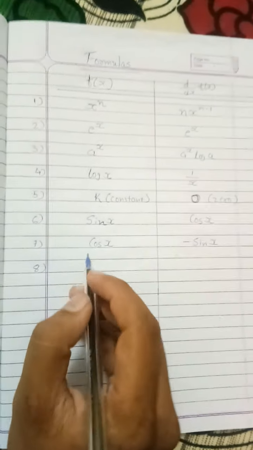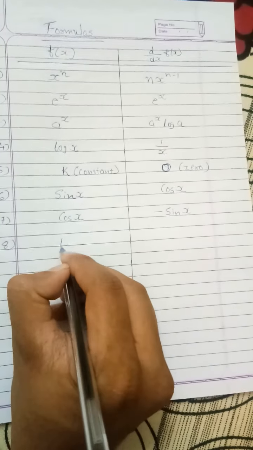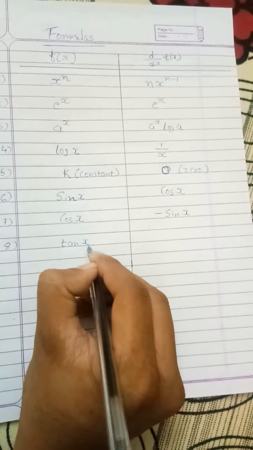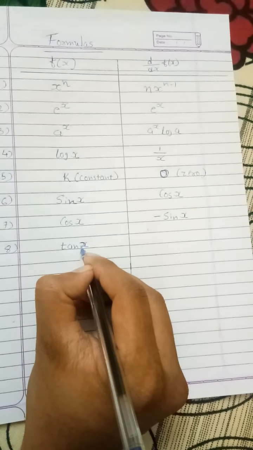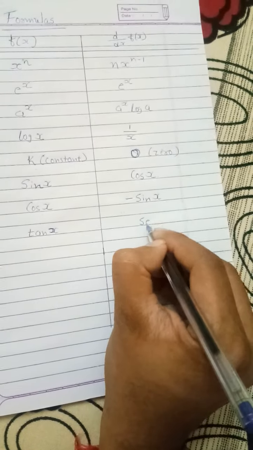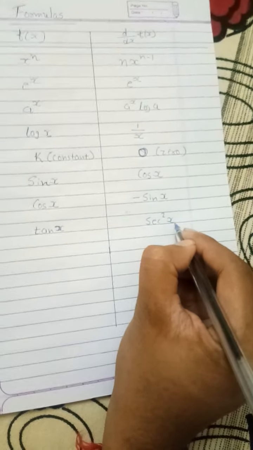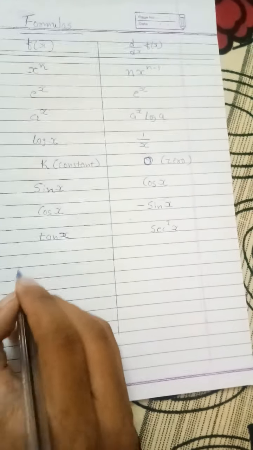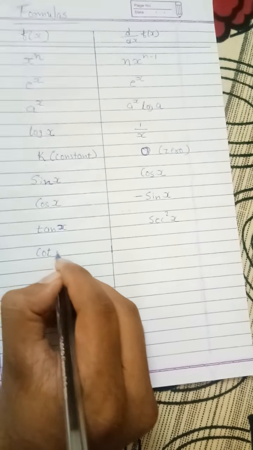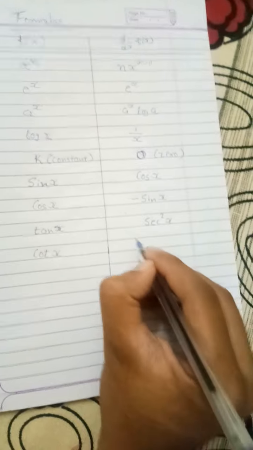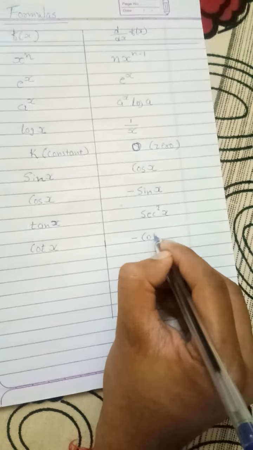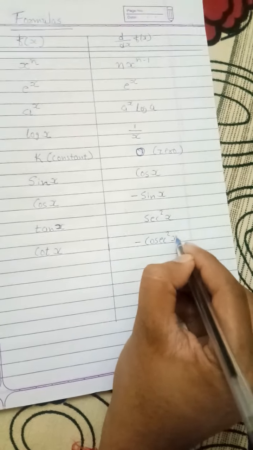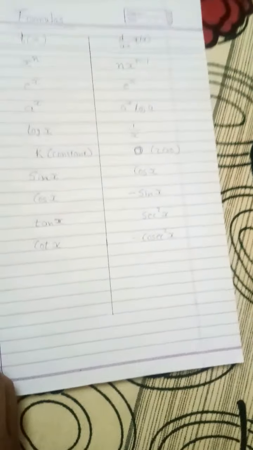Eighth, if tan x is given, meaning y is a function of tangent, its derivation is sec square x. Next, if cot x is given, its derivation is minus cosec square x.